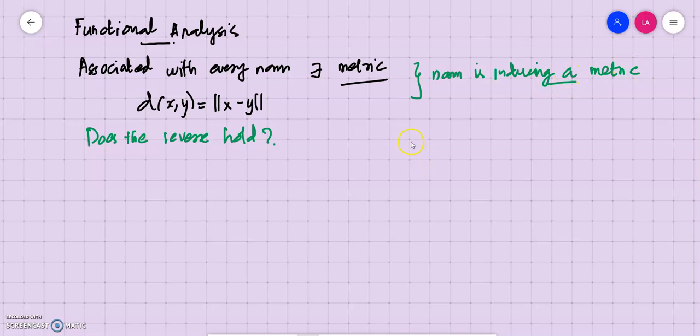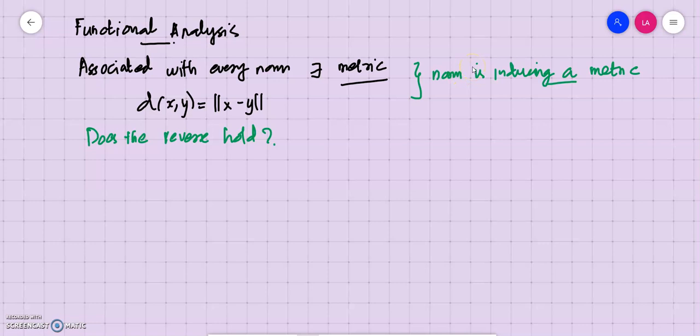Every norm induces a metric defined as d of x, y equal to norm of x minus y. Now the natural question is, does every metric arise from a particular norm?